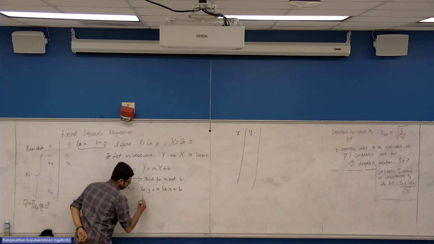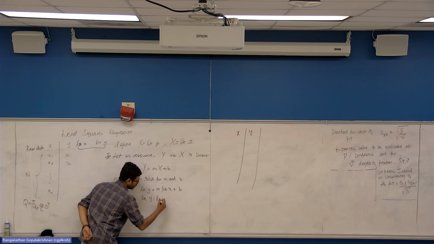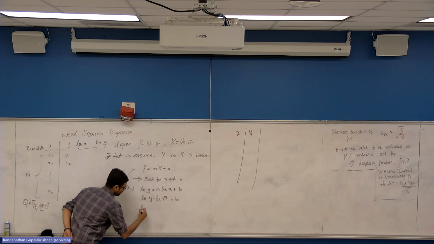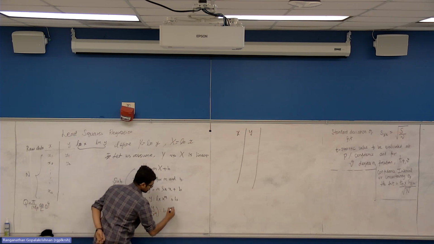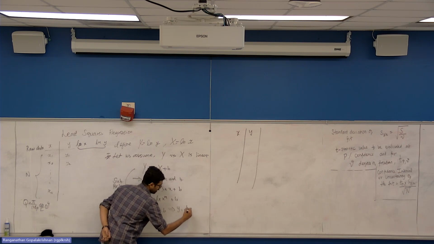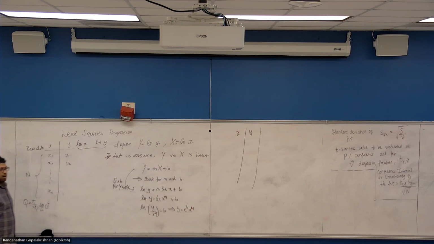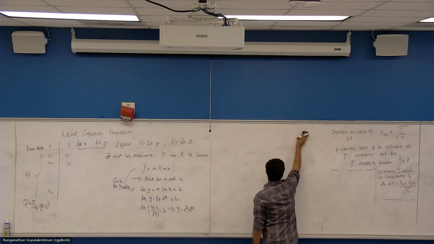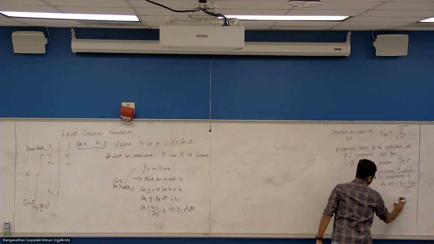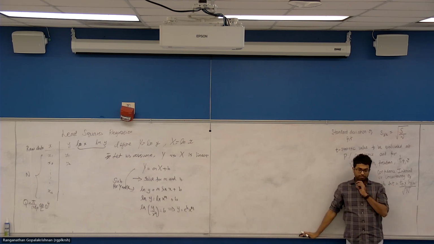This is like writing natural log of y equals natural log of x power m plus b, or ln of y over x power m equal to b, which is y equal to exponent of b times x power m. With me so far? Good.